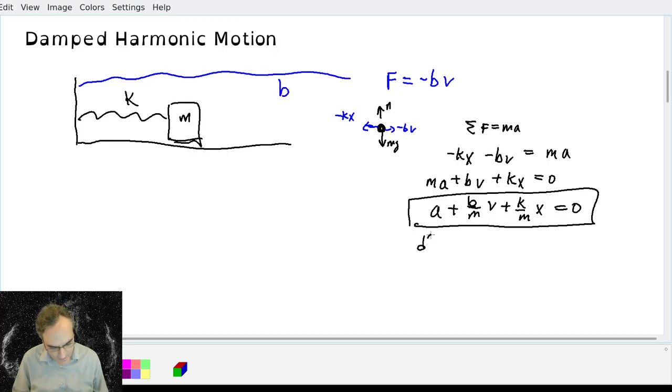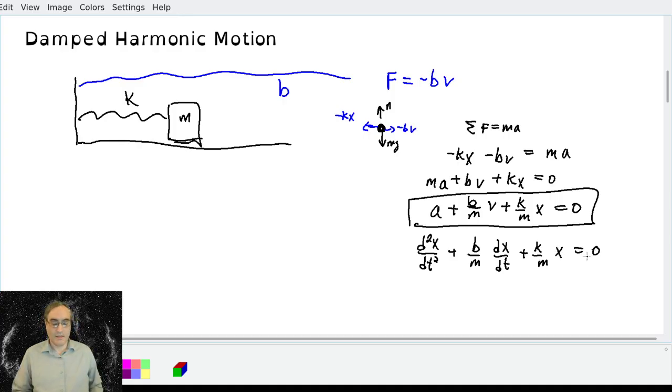If I write in the components of it, we've got the second derivative of position with respect to time times b over m with the first derivative of position with respect to time. Oops, not with respect to space, but time. And then k over m with respect to where you are. This has a different result.